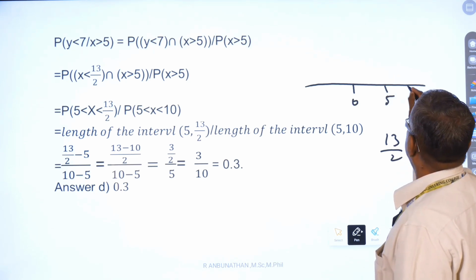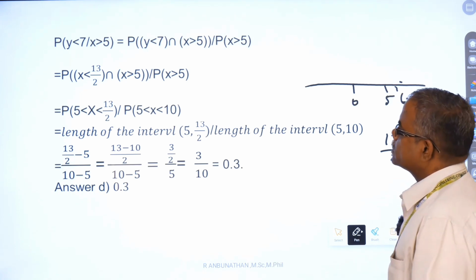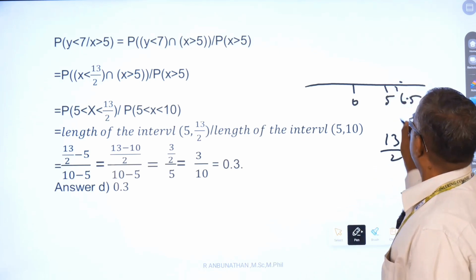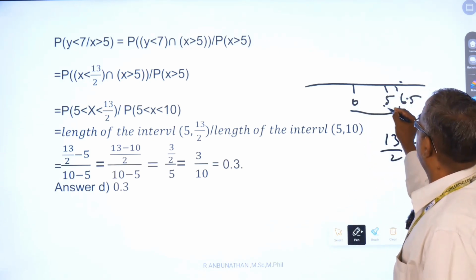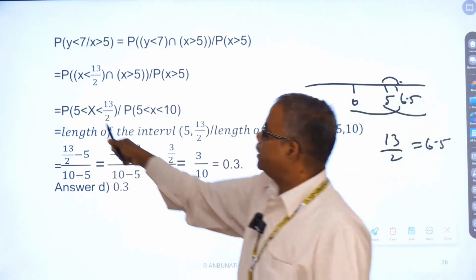Here we need below 6.5 and above 5, therefore we need the interval between 5 and 6.5.